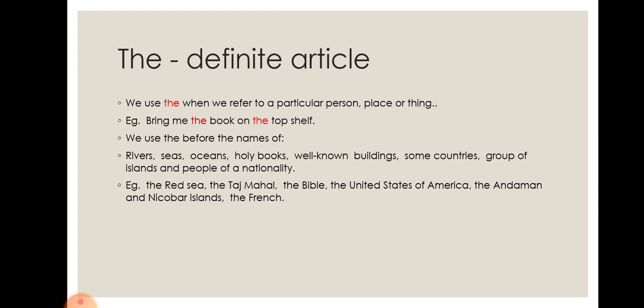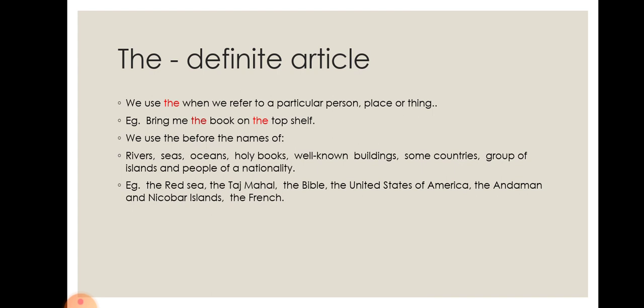For example, the Red Sea, the Taj Mahal, the Bible, the United States of America, the Andaman and Nicobar Islands, the French, etc. You can see the United States of America because it's a united one: a certain group of states combined together and known by the name United States of America. That is why we use the definite article in front of them. Thus, the reference goes for the whole group.